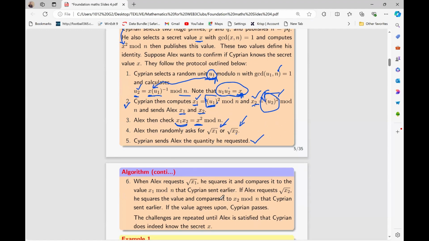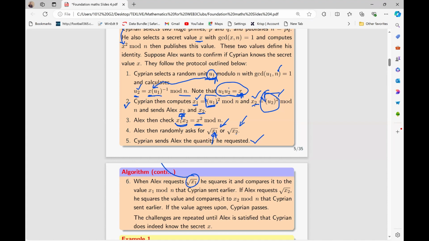Now Alex confirms. Alex looks at what he has been sent as the square root of x1. Then he squares what he has been sent, and compares it with the x1 he had been sent originally.